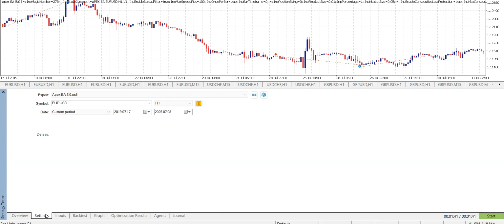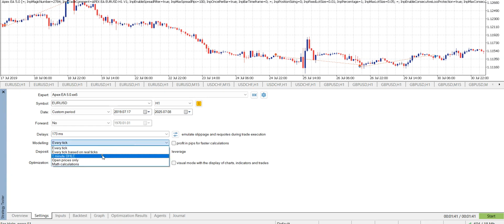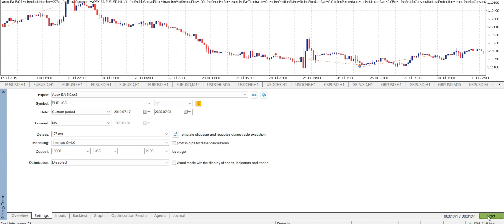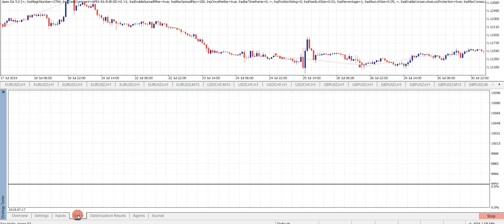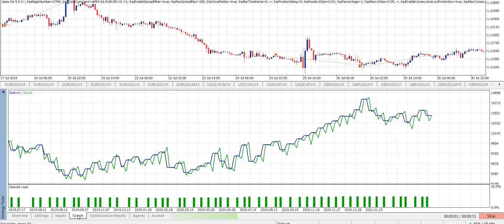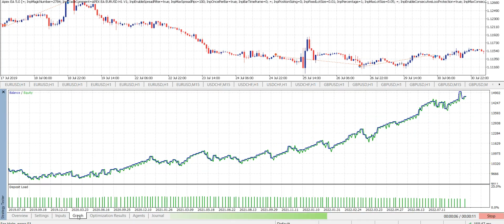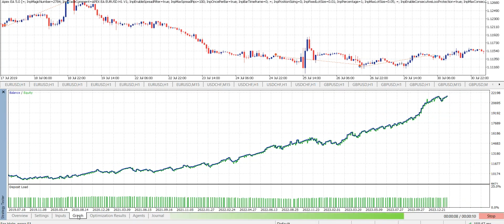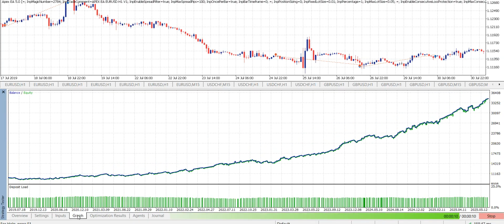Why not. And now I'm going to test with 1 minute OHLC. It is giving the same exact results, but it takes a lot of time to test with every tick, and I don't want to waste time. I coded the EA to have almost exactly the same results on 1 minute OHLC as on every tick, so you can test and optimize it much easier. Okay, let's see.